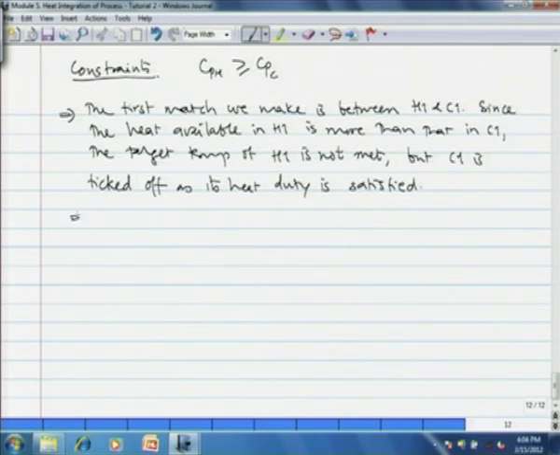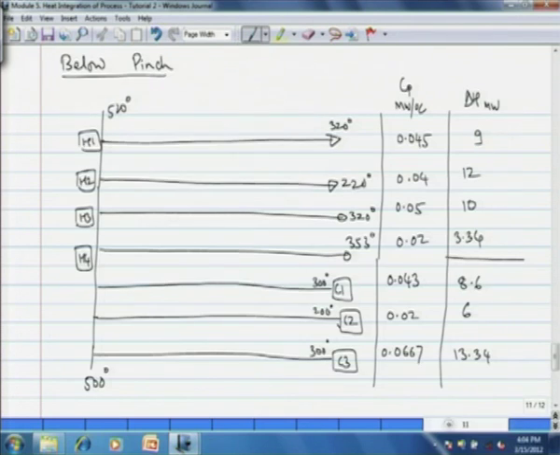And then, so now we make the first match of the below pinch region between H1 and C1. And here we write the heat load, that is 8.6 megawatt.